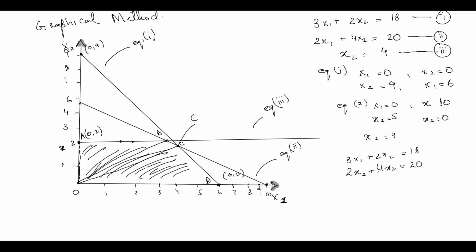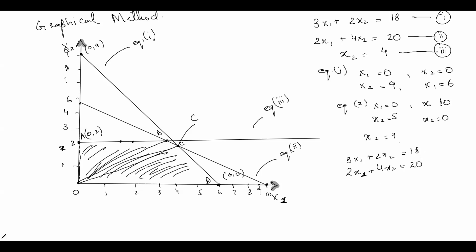When these two equations are equal, we can find this point by subtracting these two. While subtracting, we can actually drop one of the variables, either x1 or x2.